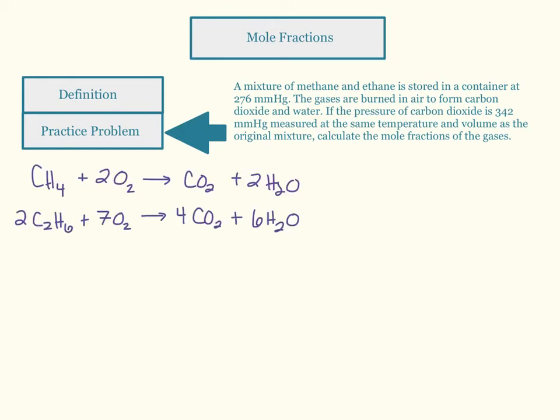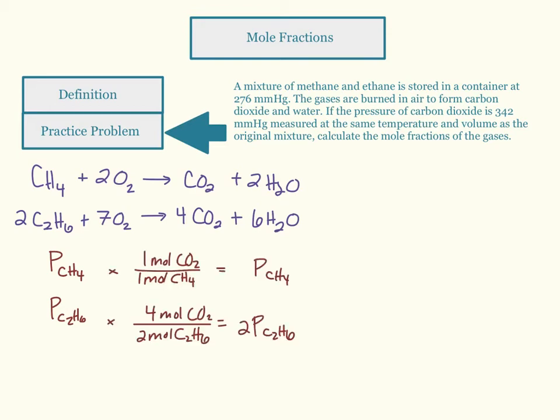Now, I don't know how many moles of gas we are starting with, so I need to tackle this problem like I would approach an average atomic mass problem, with loads of variables. I'll write each partial pressure with a capital P with a subscript for that chemical, and use my mole-to-mole ratios from my balanced chemical equations to find a useful proportion.